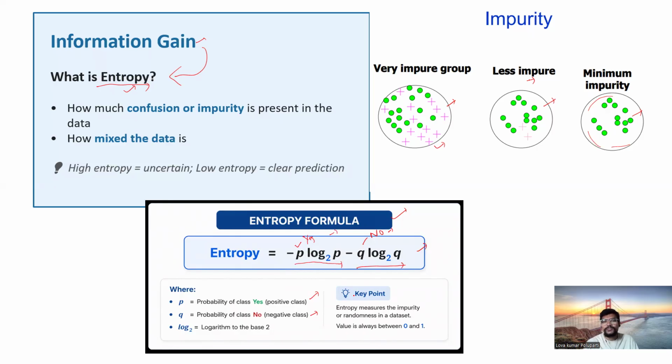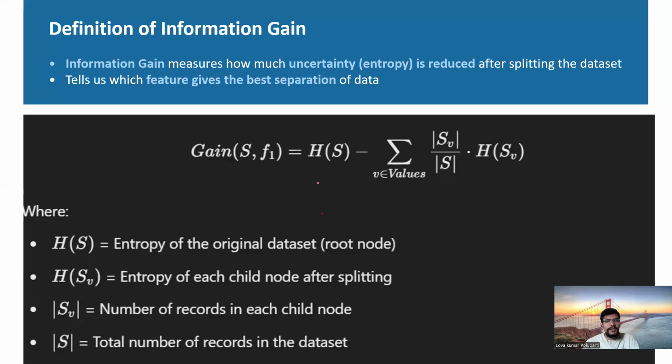But what about the information gain? What does it mean? Information gain finds how much the uncertainty or impurity will be reduced after splitting. Let's say you already have the root node and you put the data in, then you start splitting.